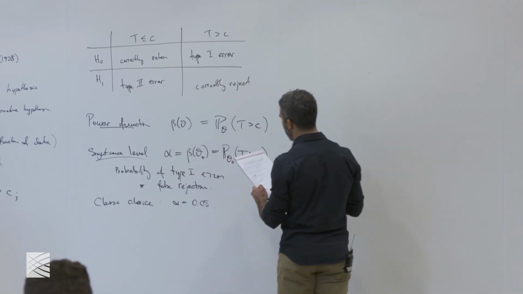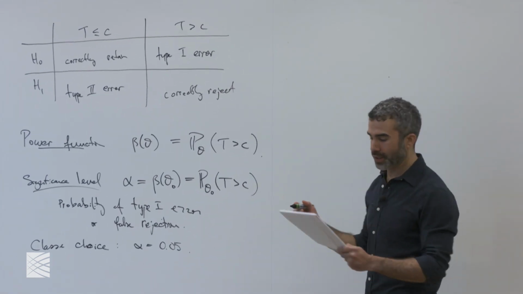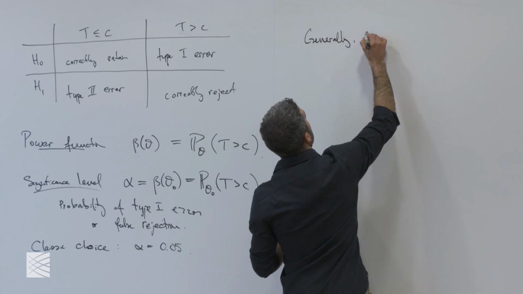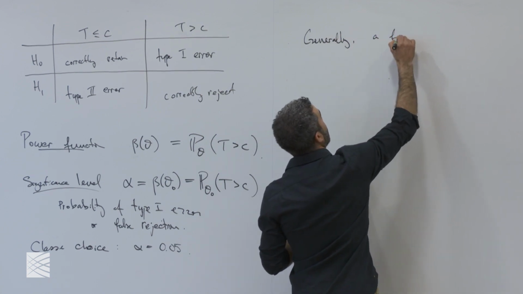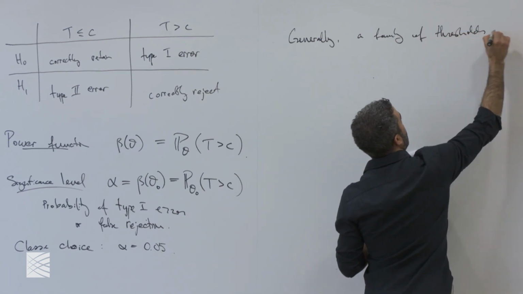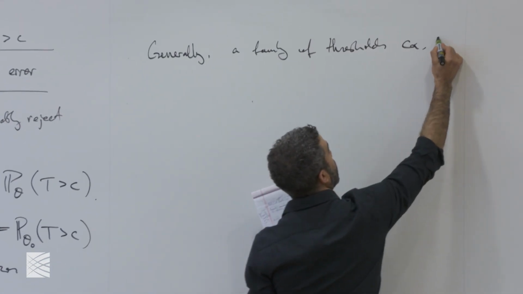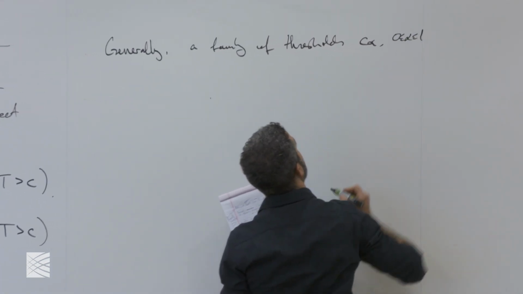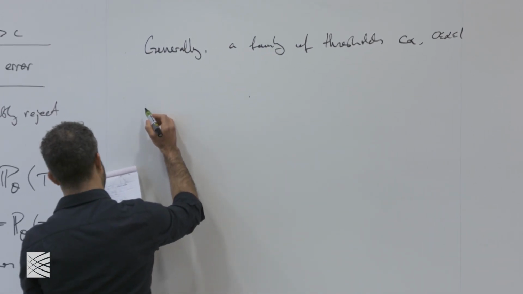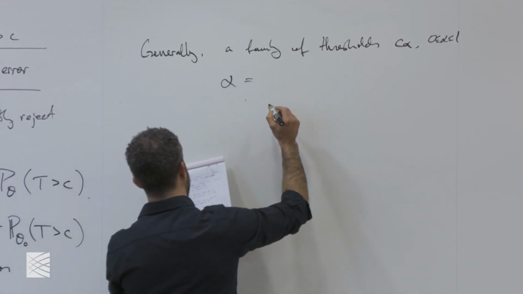So generally, you might have a family of these tests, and you can consider lots of different values of the threshold. So a family of thresholds, C alpha, where alpha is between 0 and 1. And I'm labeling each one by its significance level.